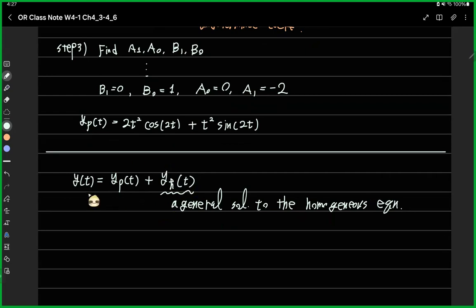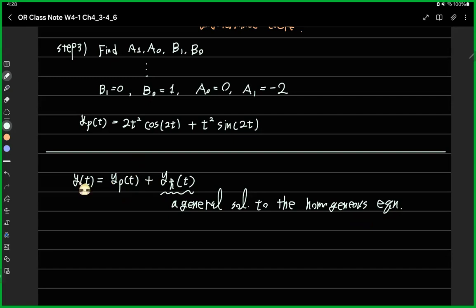We can say this is a general solution to the non-homogeneous equation because yh is a general solution to the homogeneous equation, containing c1 and c2, the constants of integration. Even though we substitute it into the non-homogeneous equation, it returns 0, and plugging yp into the non-homogeneous equation returns the external force.